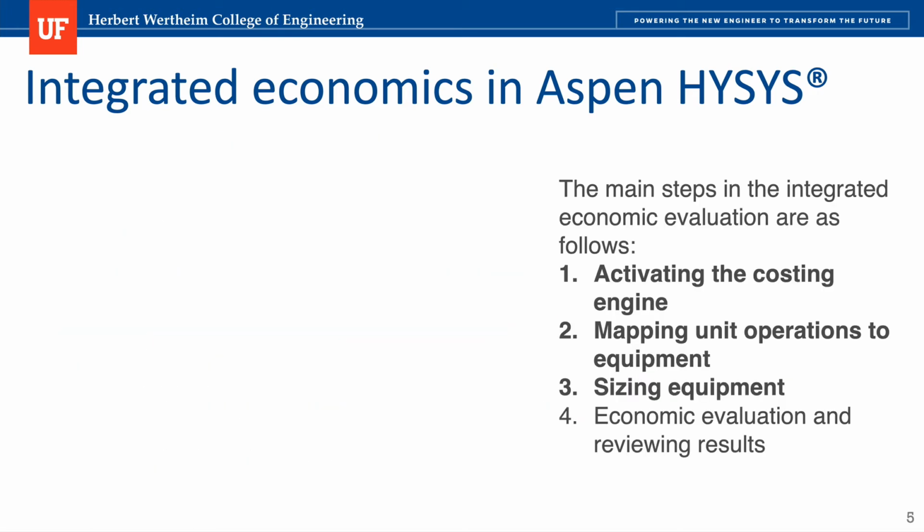So the main steps in the integrated economic evaluation are activating the costing engine, right? You're going to be doing your design and then you activate the costing engine. We're going to be mapping the design that you created with the ancillary software that you are using. So when you do the Aspen Economic Analyzer, you actually are using two software at the same time.